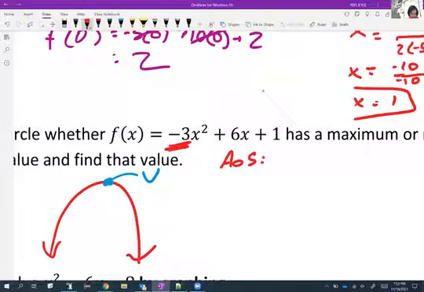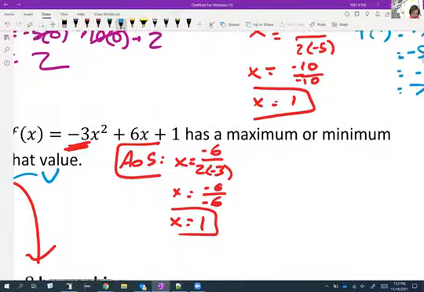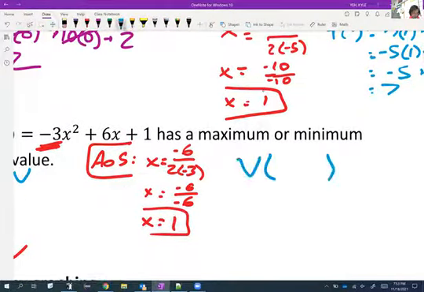So x equals negative 6 over 2 times negative 3, negative b over 2a. So x equals negative 6 over negative 6. Hey, it's x equals 1. Again, for my axis of symmetry. And that means that my vertex is 1 comma something.